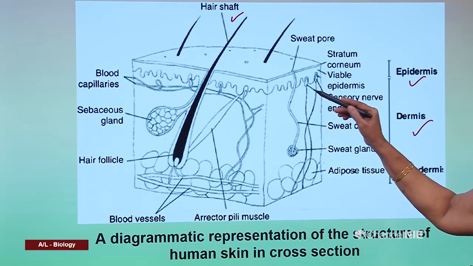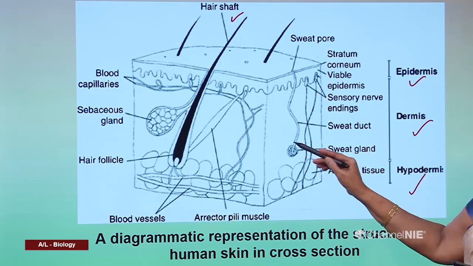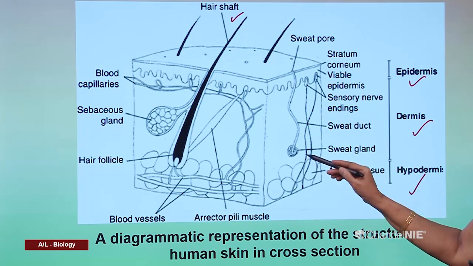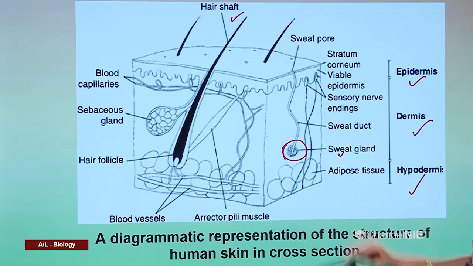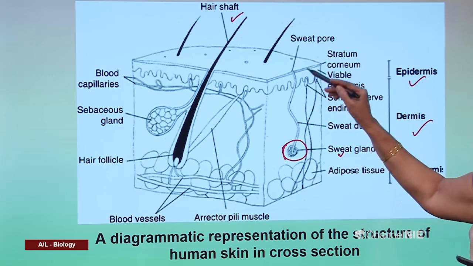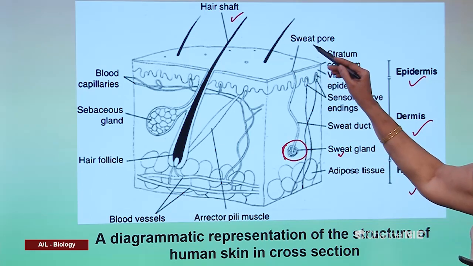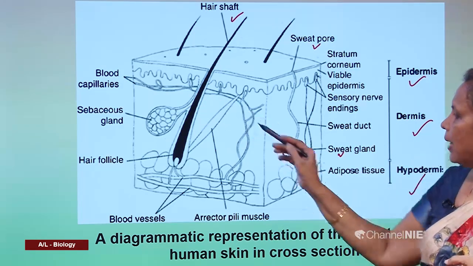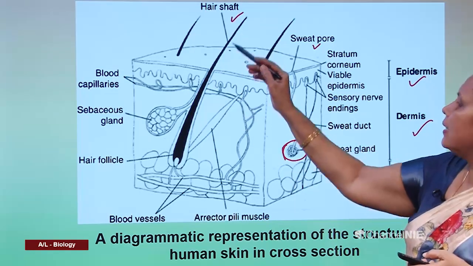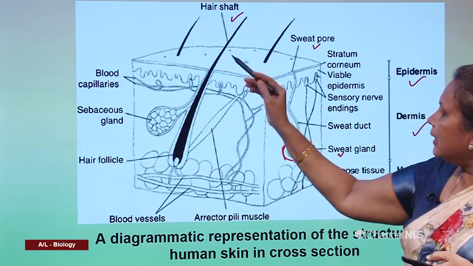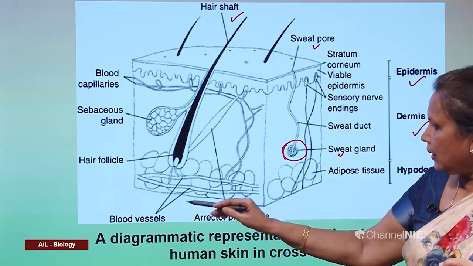Sweat glands are important: the glandular part is here, and it opens onto the surface of the skin by a pore. Then the blood capillaries, right? There are a large number of blood capillaries. The hair shaft starts from the hair follicle.